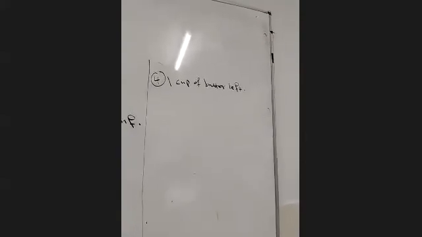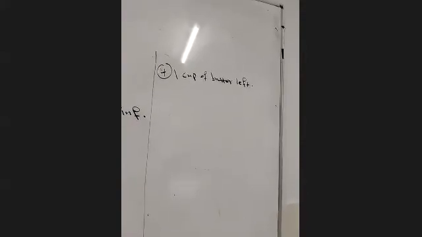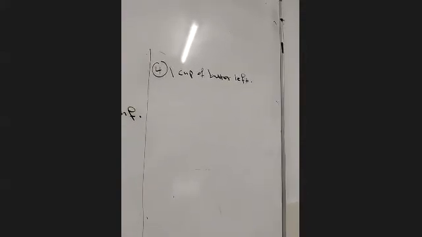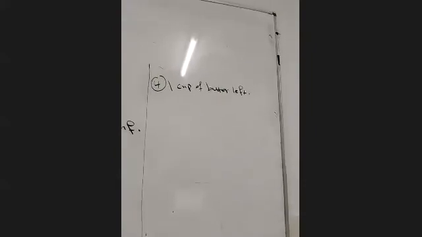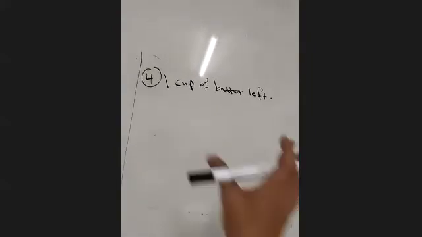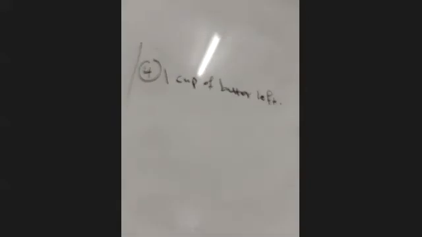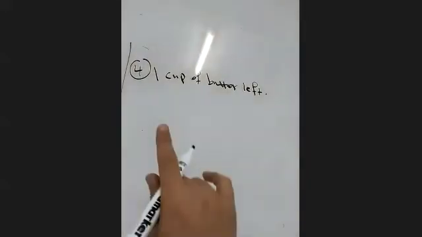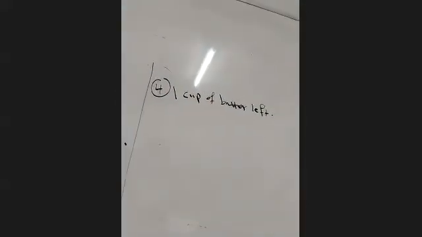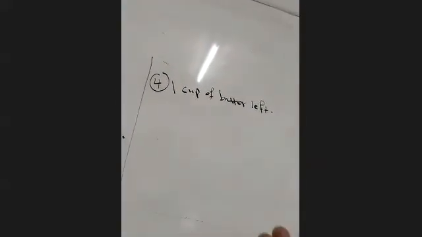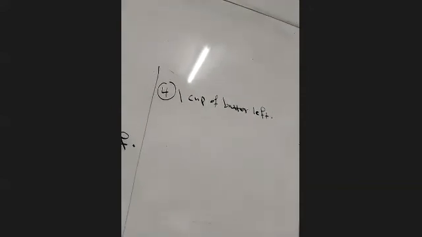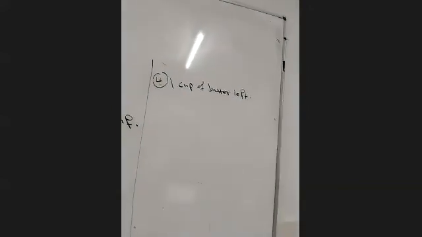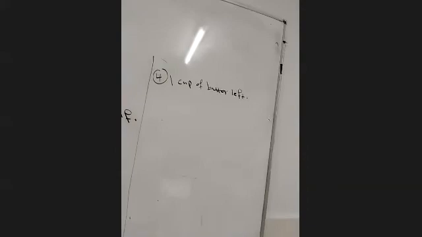I will ask you a question, Mr. Muhammad. Look at the board here. Do we have any other information than this one? No, we only have this information: 1 cup of batter left, right? Can we know how many cups she used from this information? No. Maybe she used 10, maybe 20, maybe 30.